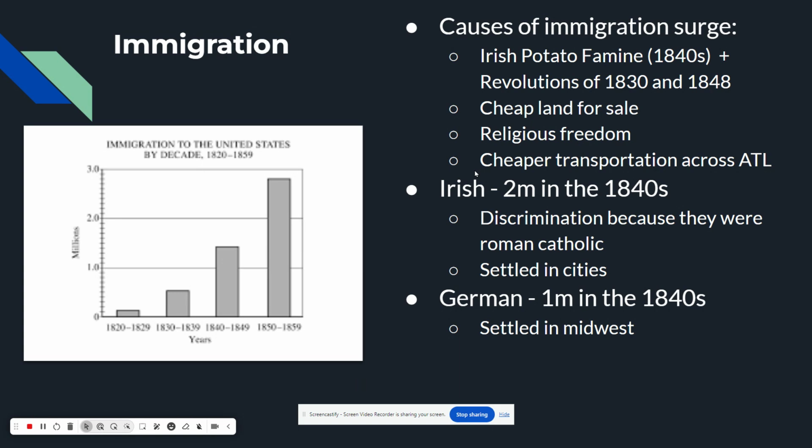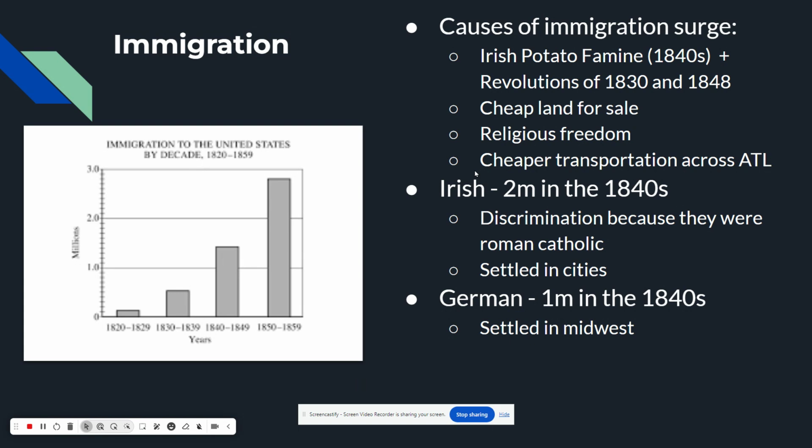And that really has to do with various push factors in Europe, such as the Irish potato famine in the 1840s, which really pushes a lot of people. There was a virus, the potato blight, so the harvest was decimated, and the political revolutions across Europe in 1830 and 1848.